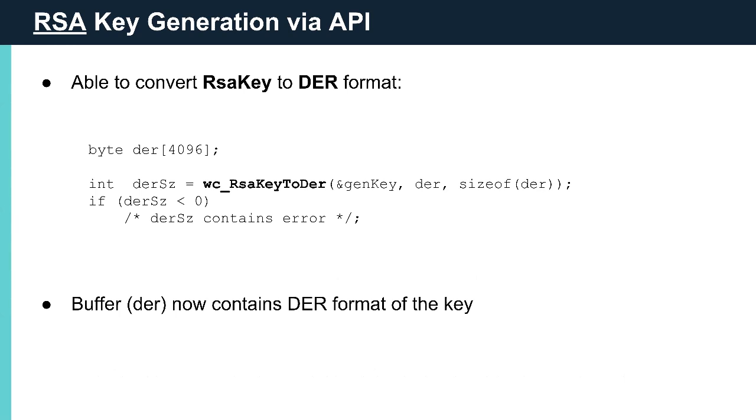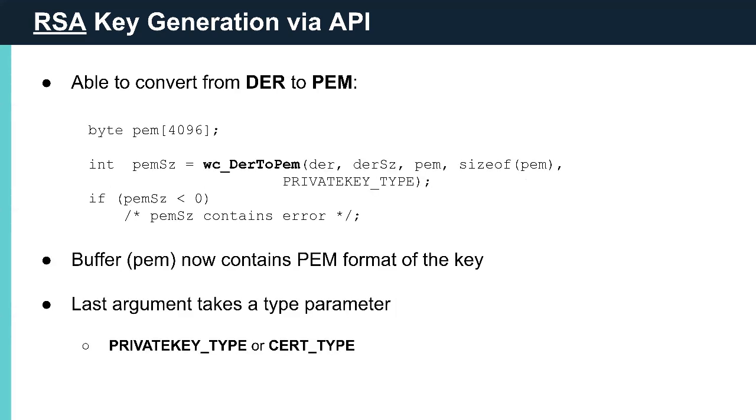It'll return the size of the generated DER or a negative value on error. Once you have that DER, if you need it in PEM format, we have an API, wc_DerToPem, which takes in your DER array and converts that into a PEM array. The last argument there is either PRIVATEKEY_TYPE if you're converting a private key, or CERT_TYPE if you're converting a certificate.